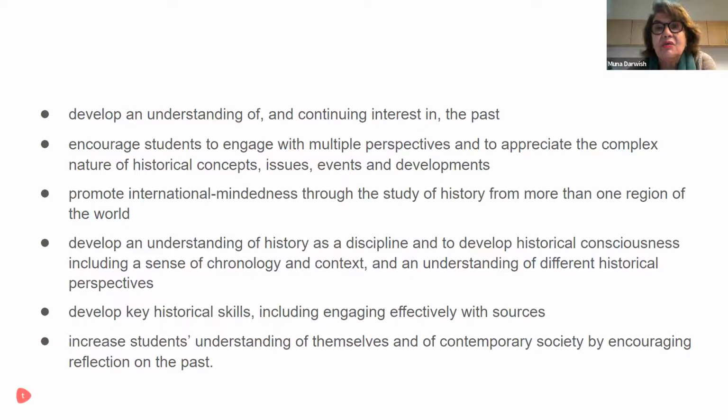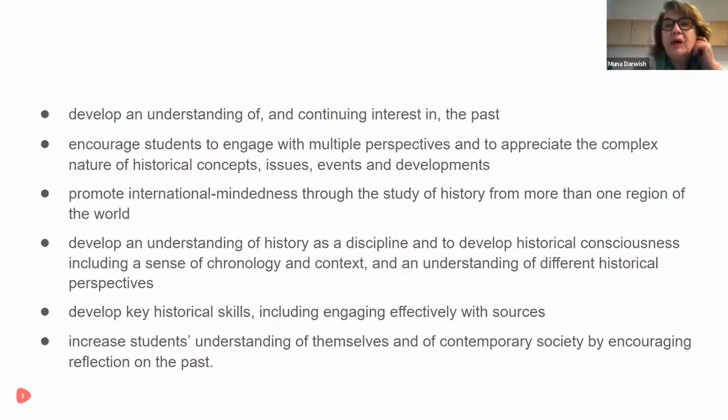The purpose of the history course is to make students open to the idea that a historical event is open to various discussions, and when we are open to this process, we become open-minded, and it enables us to develop our historical consciousness regarding chronology, the context of the historical event, and again, perspectives.